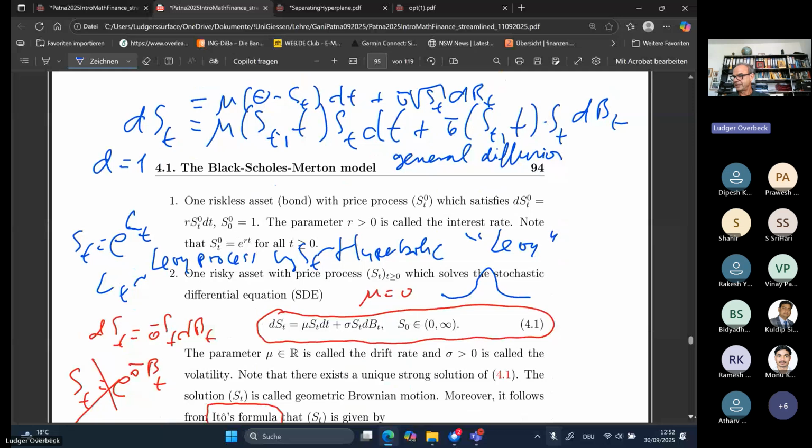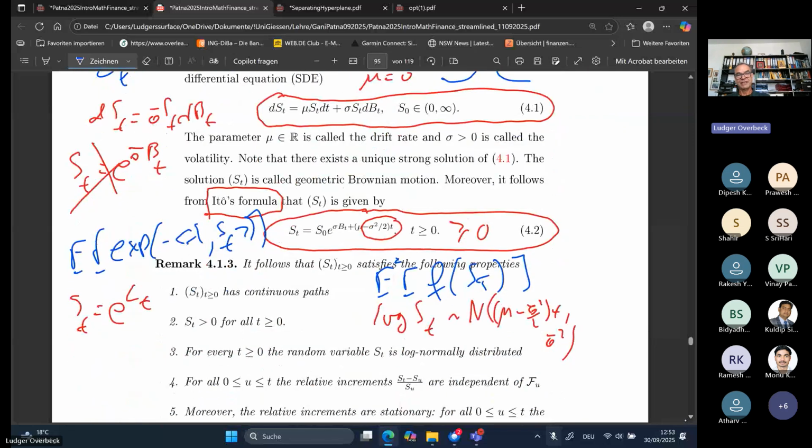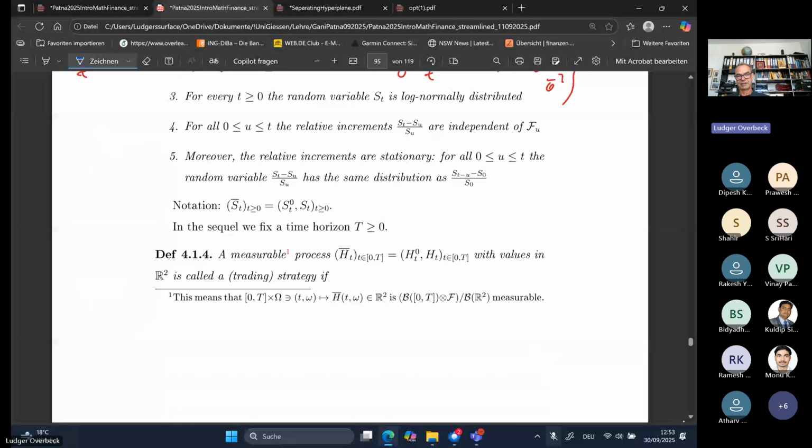Okay, but this, as I said, we will do then for our Black-Scholes model and see how the Black-Scholes model also in this setting appears from the basic principle of non-arbitrage pricing, which is also called arbitrage pricing, and from replication. It's always the same.